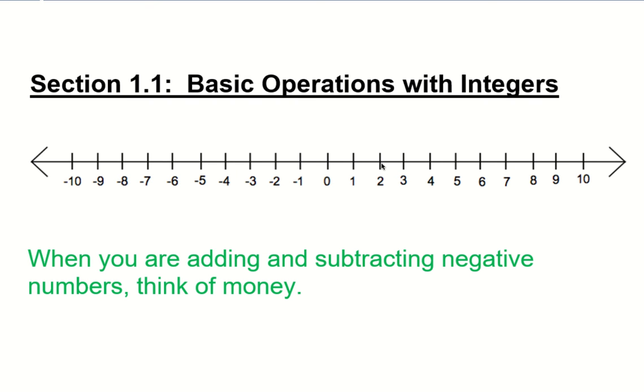Another example: if you were doing 2 minus 4, let's build that up. Back in first grade, second grade, 2 minus 1 is 1, and then 2 minus 2 goes back to 0.